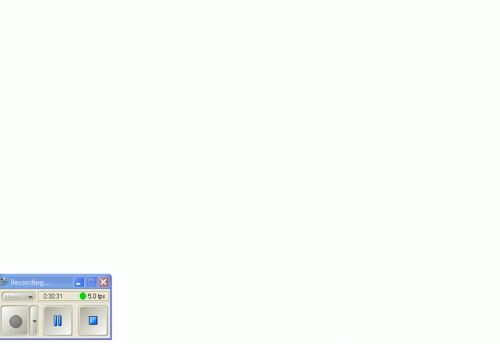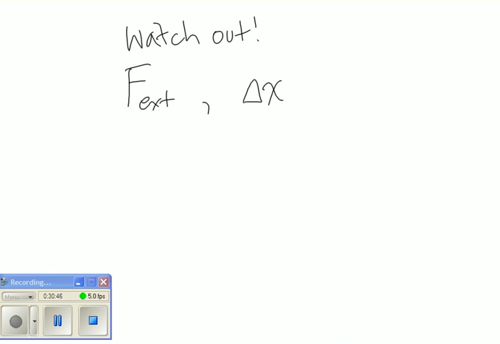Now, watch out. Calculation is no substitute for thinking, because you can have an external force and you can have a displacement of a system object and yet no work done.